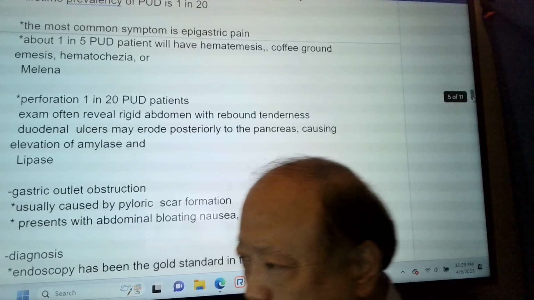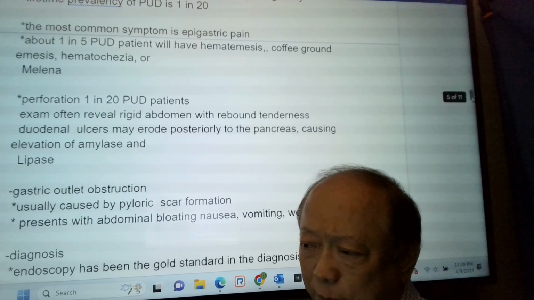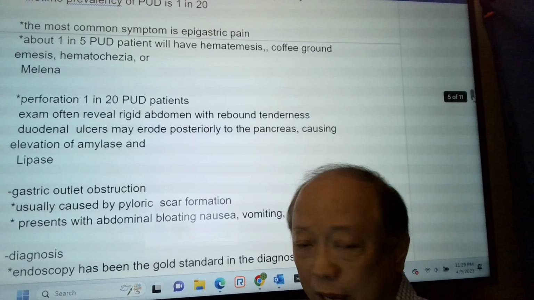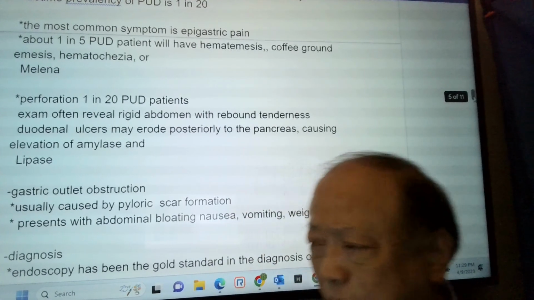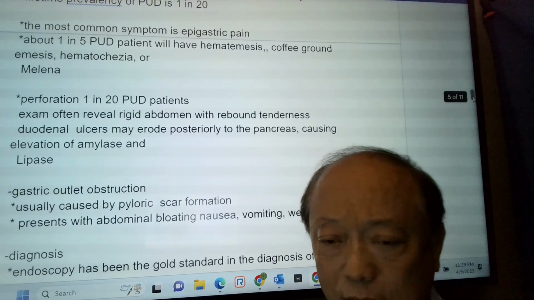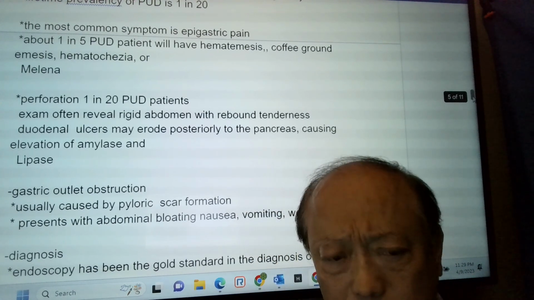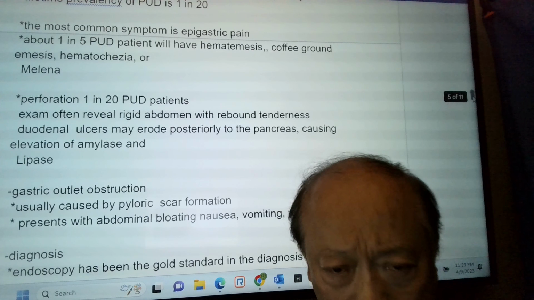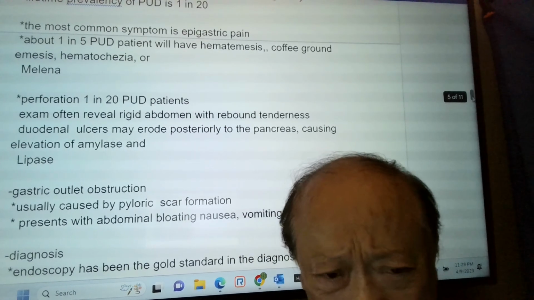The most common symptom is epigastric pain. About 1 in 5 peptic ulcer disease patients have hematemesis, coffee ground emesis, hematochezia, or melena. Perforation happens in 1 in 20 peptic ulcer disease patients.